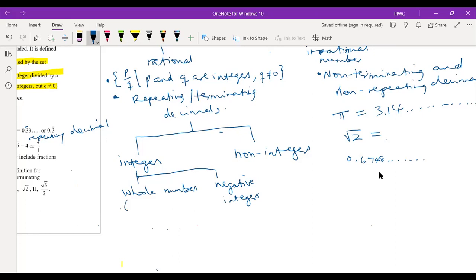In other words, the whole numbers will be the positive integers, including 0.